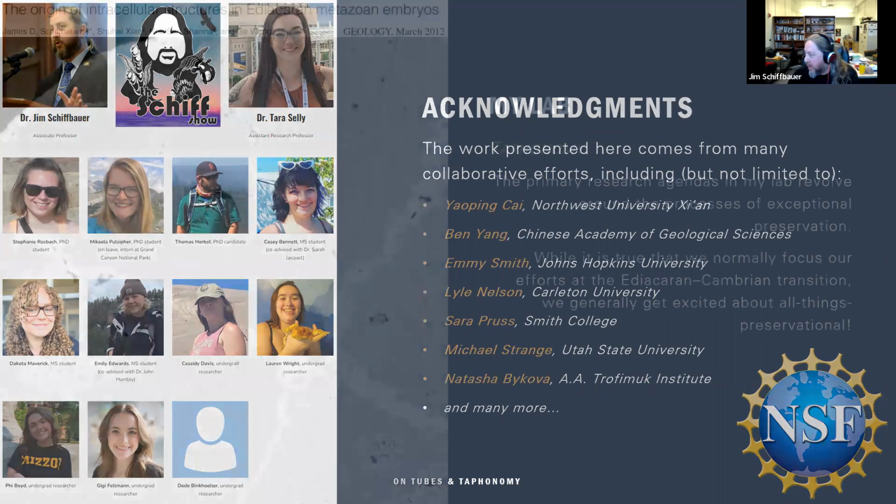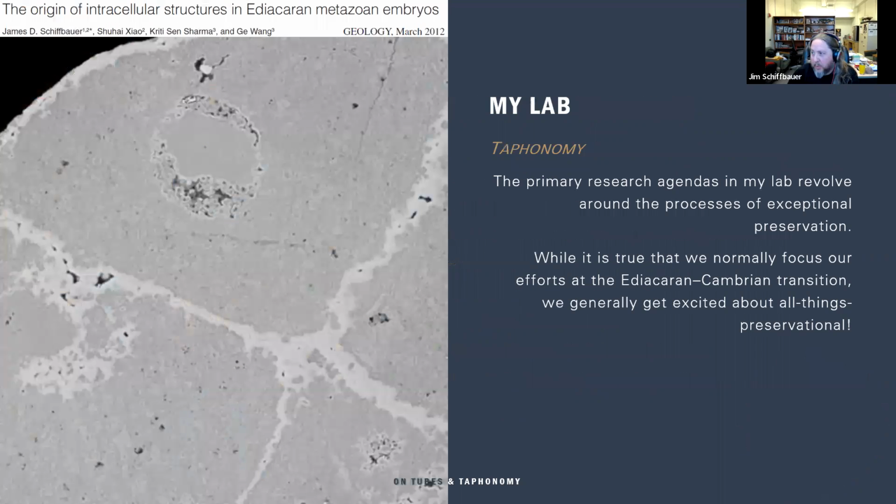I'll start off simply with an introduction to what I do in my lab and the efforts that are continuing with all of these projects. I'm most known as a taphonomist. Most of my research falls into that general header. And it's not just Ediacaran and Cambrian, although those are where a lot of my biological questions lie.